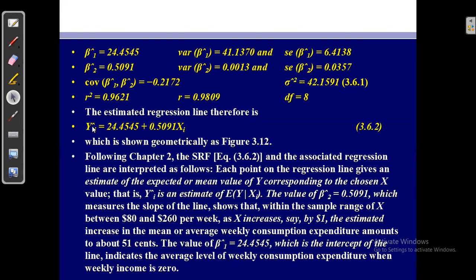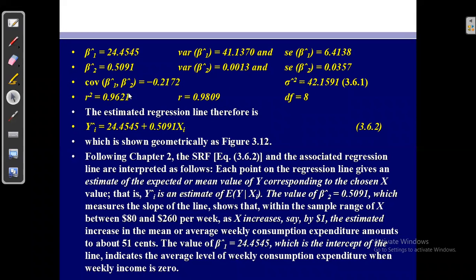If Y represents expenditure and X represents income, then the R square 0.9621 actually means that 96.21% of the variations in consumption expenditure is explained by income alone. So this actually shows how much income contributes towards explaining the nature of consumption expenditure, right?